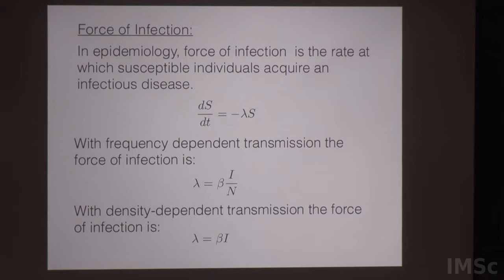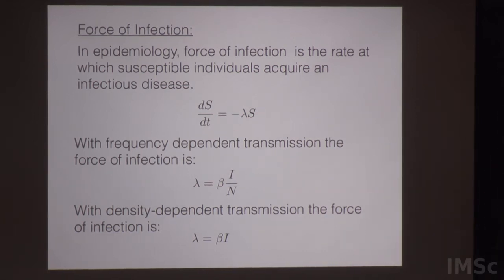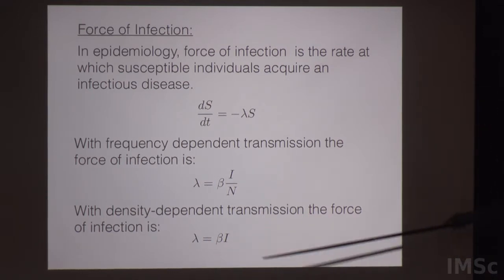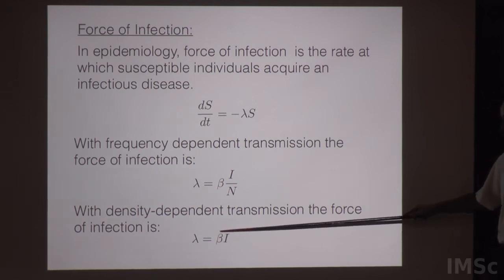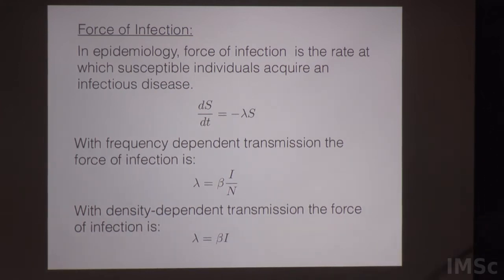Then the second assumption is: what is the form that lambda can take? We know that lambda must involve I, the number of infected people, but does it involve that number itself? Lambda is proportional to I, but for lambda to make sense, you should put some proportionality constant here, which we will call beta, and say lambda equals beta I in this case.